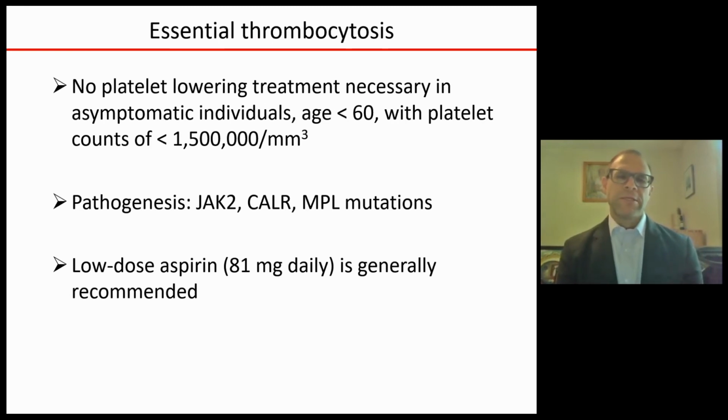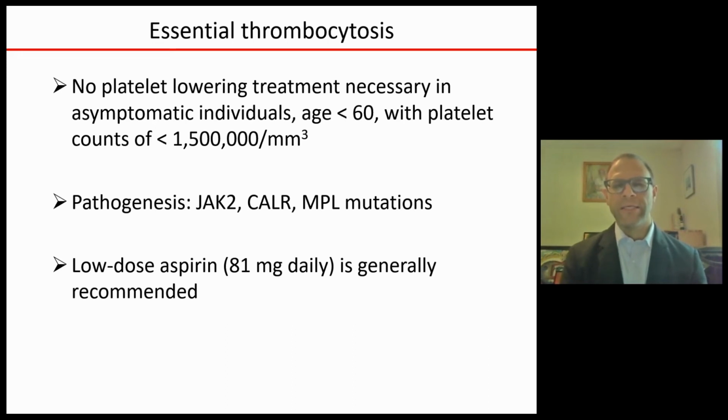The causes of essential thrombocythemia are mostly known. About half of the cases are caused by a JAK2 mutation, which is the cause of virtually all cases of polycythemia vera. But also a third of cases of ET are caused by a mutation in calreticulin, CalR, and MPL.